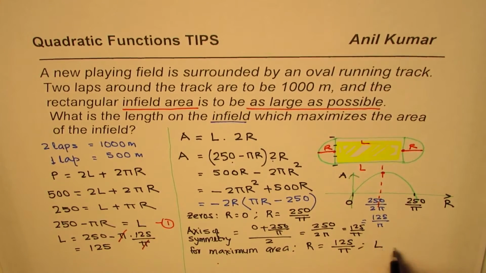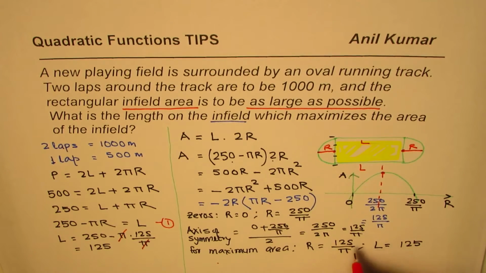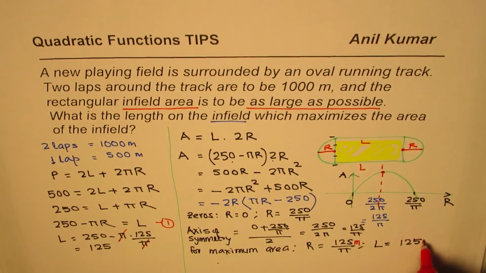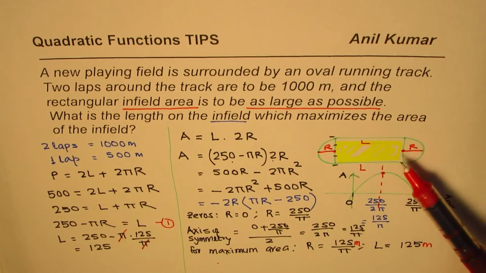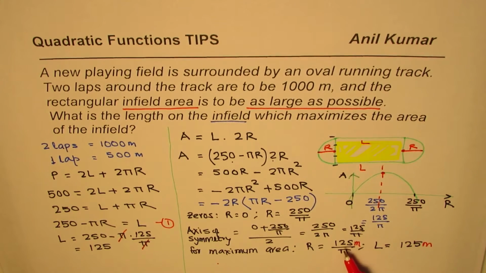And so we got a length of 125, right? Since the units are in meters, we'll add the units, meters, okay? So the dimensions will be that the radius is 125 by pi meters and the length is 125 meters.